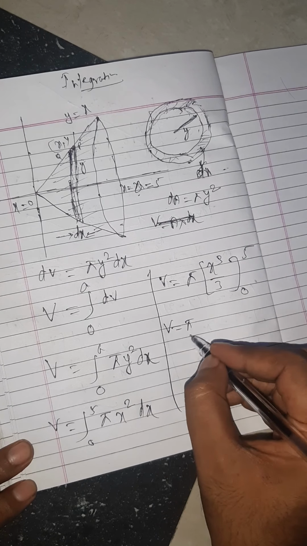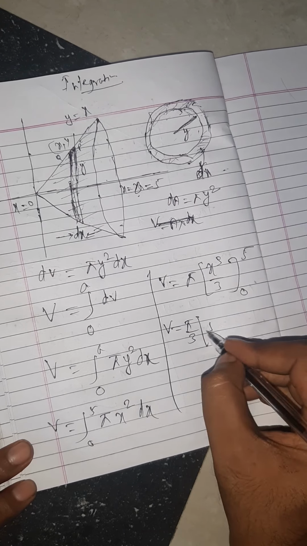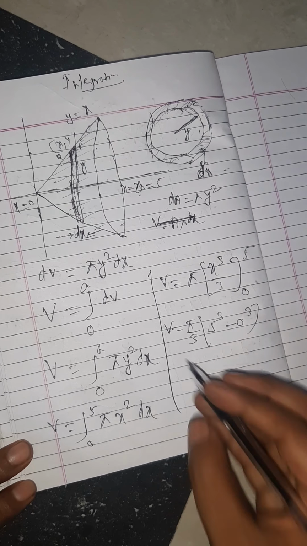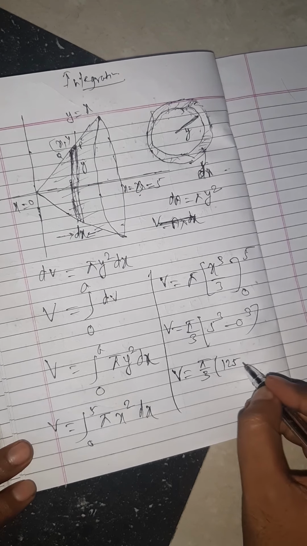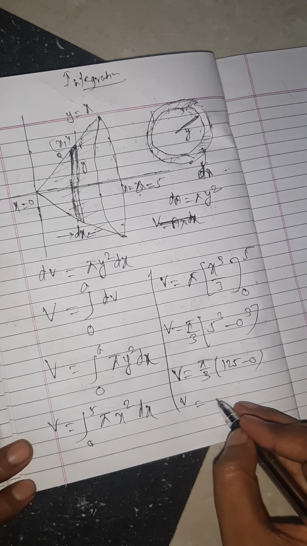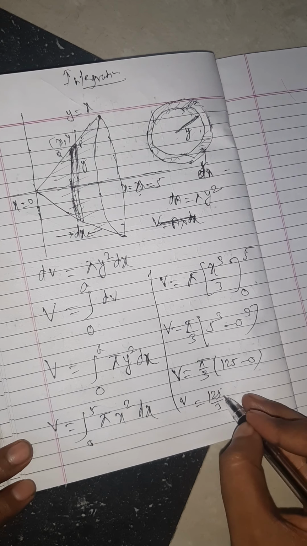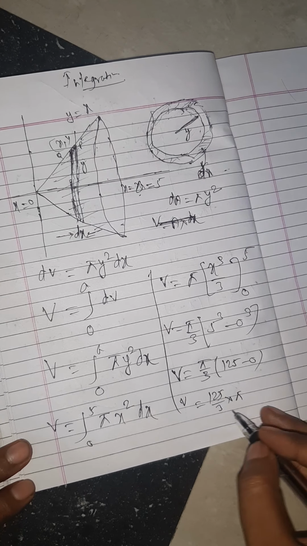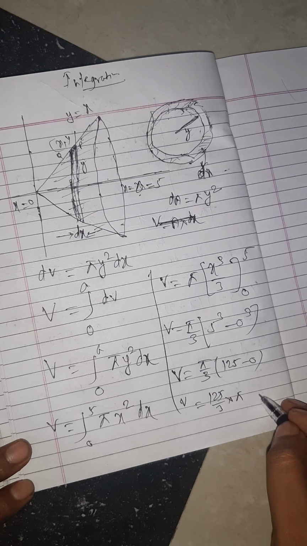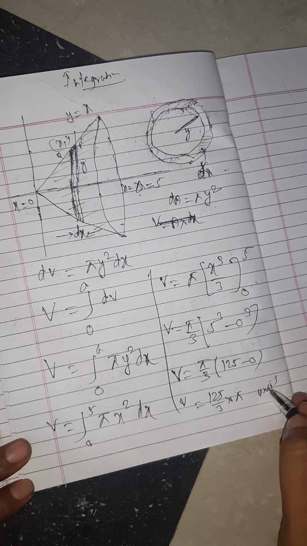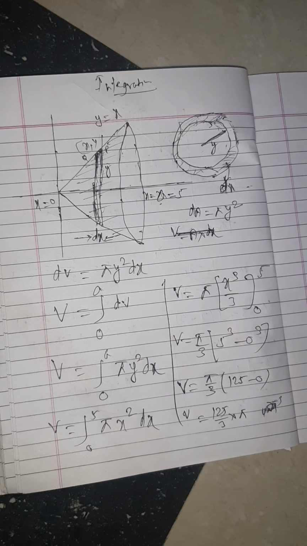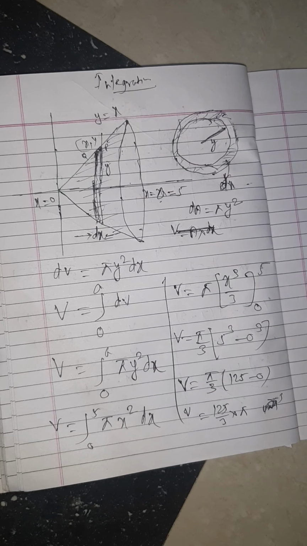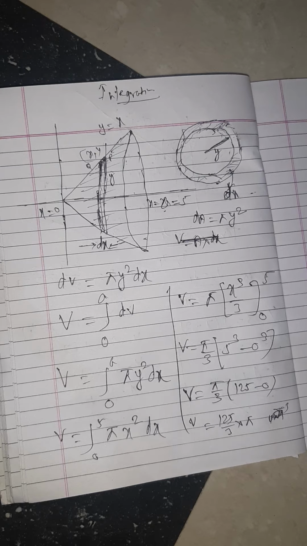So pi by 3 times the upper limit 5 cube minus the lower limit 0, which is pi by 3 times 125. So this is going to be 125 pi by 3, and with the help of a calculator we can find the exact answer, in cubic units, or if it is given in centimeters, then centimeter cube. So this is how we find the volume of the given curve.